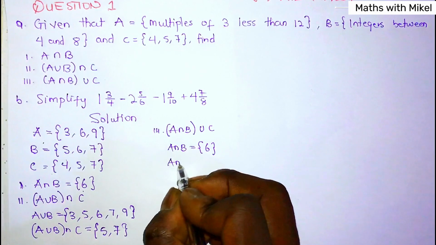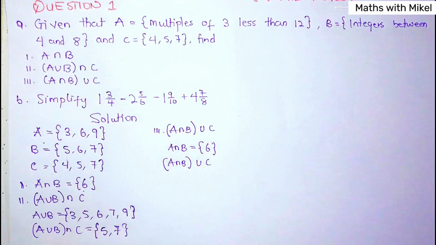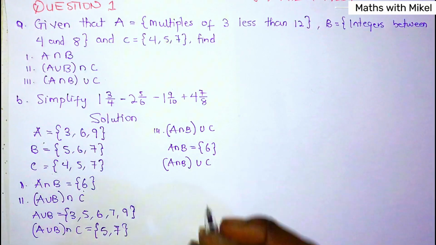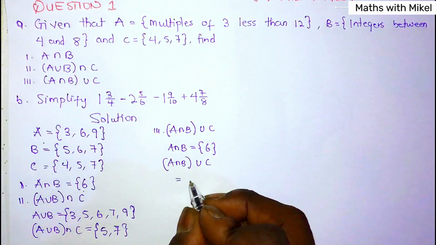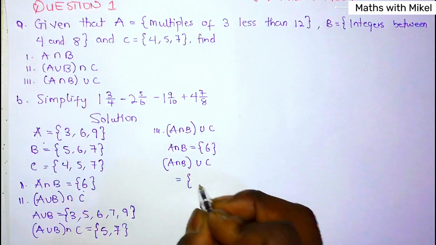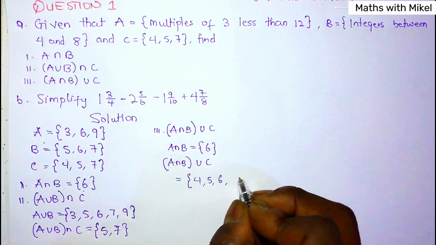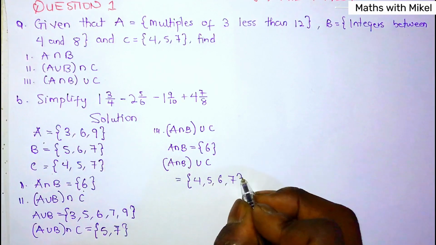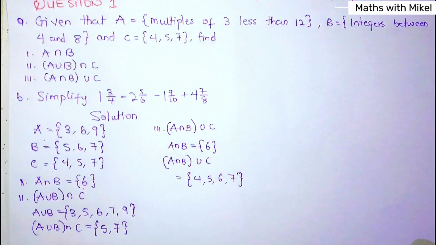So (A intersection B) union C is going to be: we combine 6 and the set C. So we get 4, 5, 6, and 7. So this answers the A part of the question.